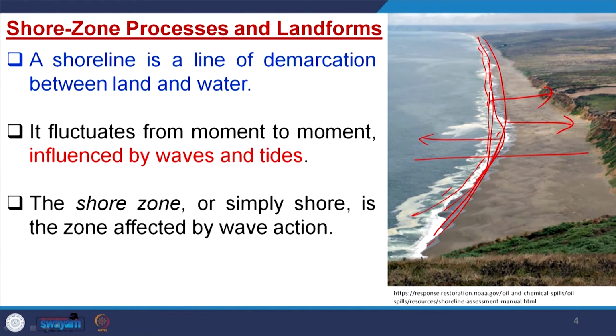So it is a dynamic landform; every six or seven hours, or even within a day, the landform changes. It fluctuates from moment to moment, influenced by waves and tides. It is not a fixed zone or fixed line; it fluctuates. The shore zone, or simply the shore, is the zone affected by wave action, and it is mostly wave action that modifies the shores.